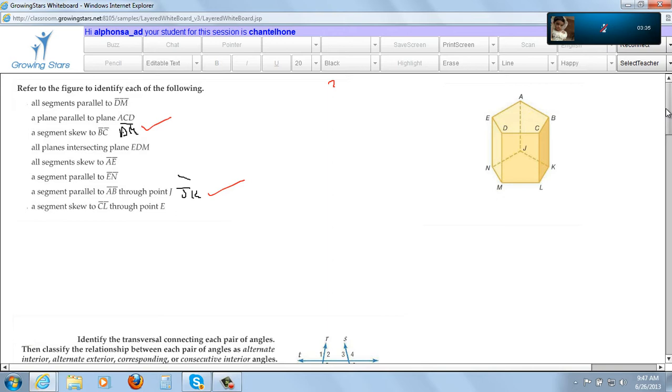So be very careful while identifying the transversals. Write down S and the name corresponding angles. And the next session is also regarding parallel, skew and intersecting segments. So for the next session, just complete this sheet.